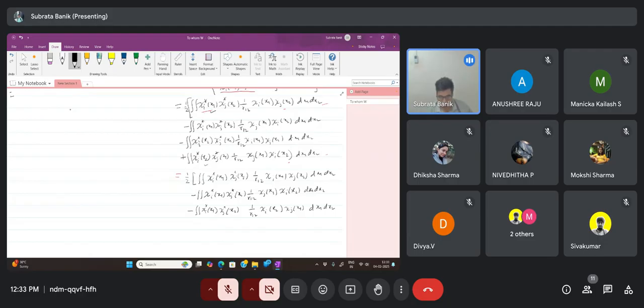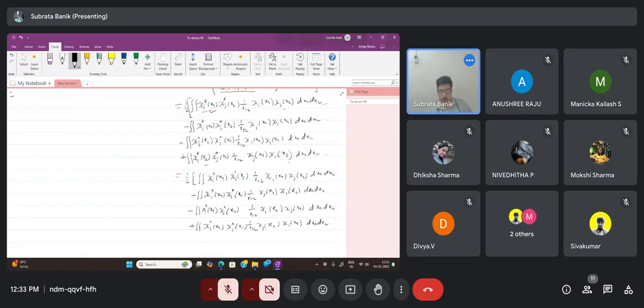This will do the same thing, plus integration of, I write chi i star of x1, chi j star of x2, 1 upon r12, chi j of x2, chi i of x1, dx1.